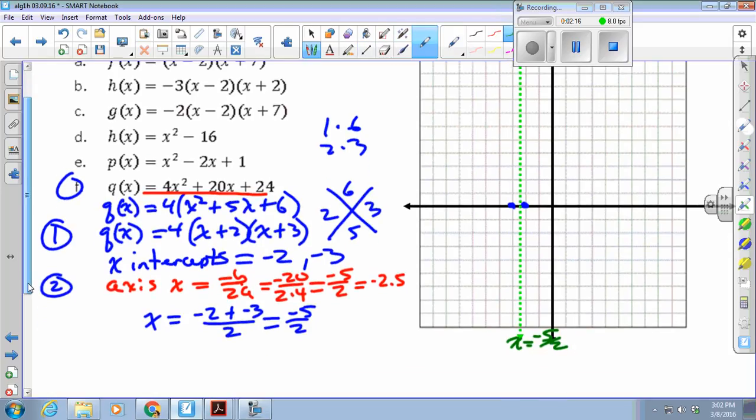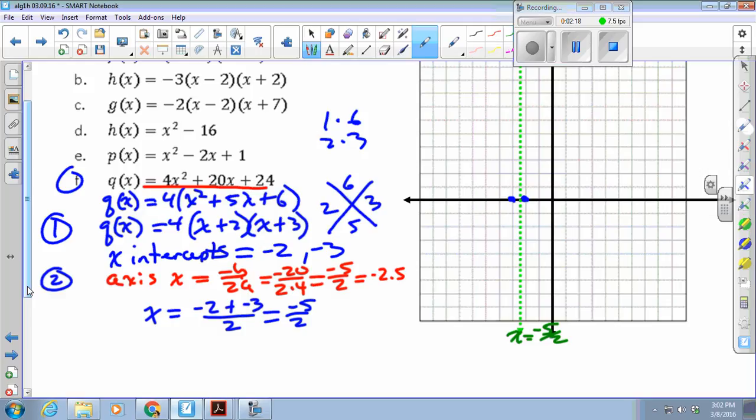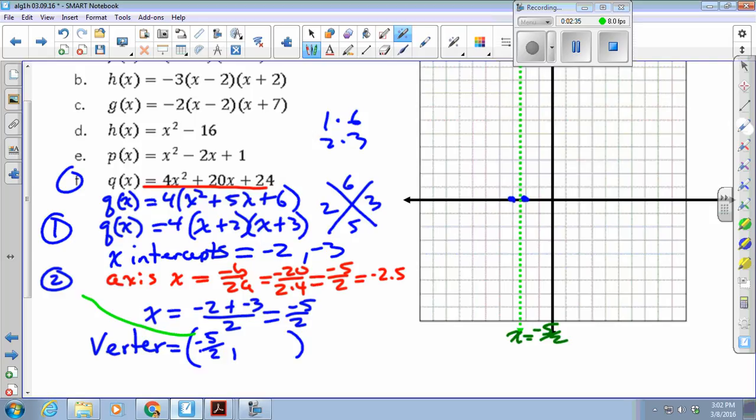The rest of step 2 says I got to find the vertex, and I'm halfway there. The vertex is -5/2, comma something, and I'm going to go ahead and plug that in. And it doesn't really matter which equation I plug that in, either factored form or standard form.